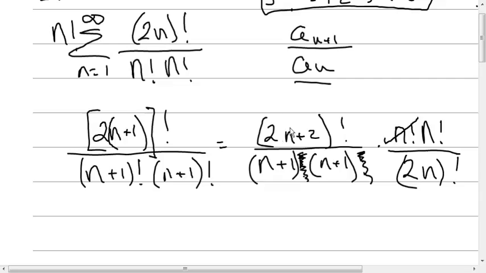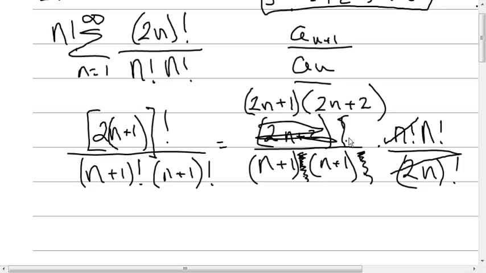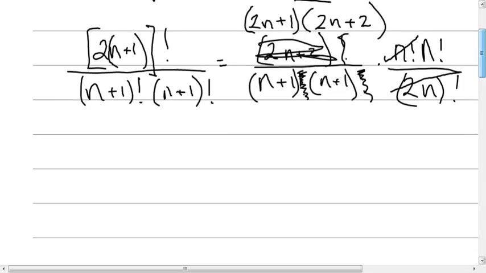So what is left over after I cancel this whole thing up here? We have 2 terms. It's 2n plus 1, that's one of the terms that was above 2n, and 2n plus 2. Alright. Well, that was pretty good. And that's why ratio tests are so great for factorials.